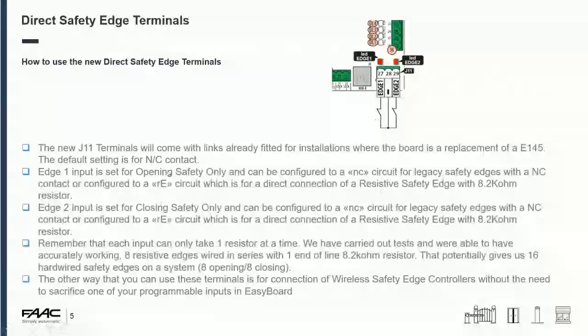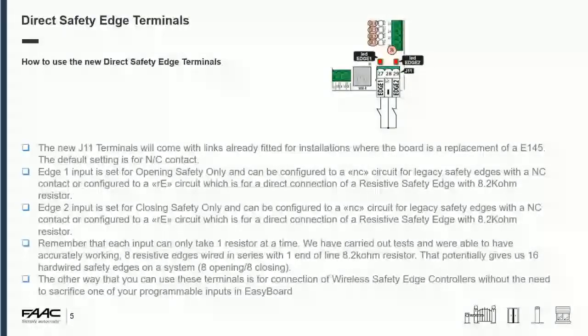As I said before, there are two different inputs. One is for opening safety only, and the other is for closing safety instead. Their default is normally closed, but you can change it to a resistive edge circuit. Now, the bit to remember is that each input can only have one resistor at a time. You can't put more resistors in parallel.